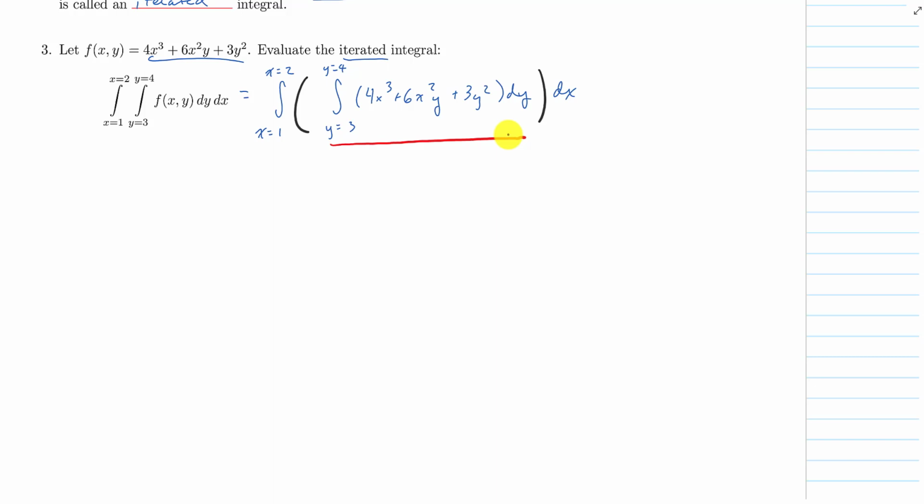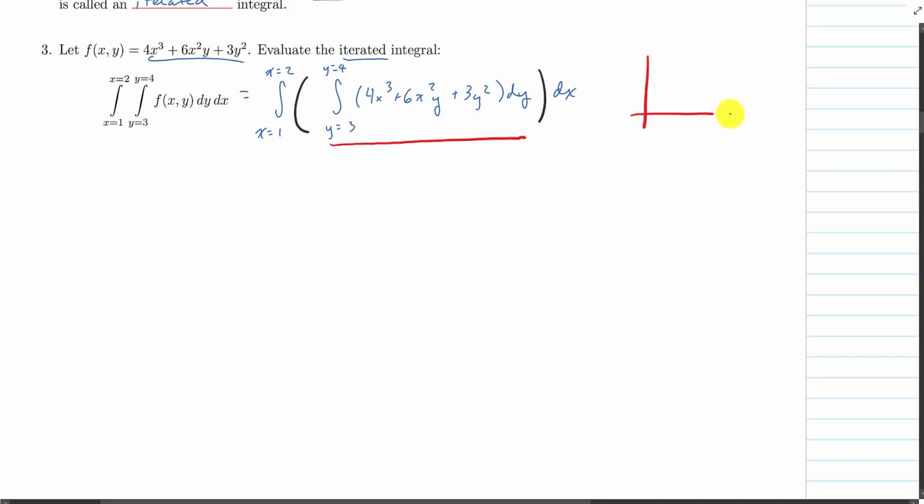So this picture I'm about to draw is sort of a lie, but one way to look at this is that for any fixed x value, maybe call it x equals 1 or x equals 2, this function is still going to be outputting a z value. And it's going to change depending on our choice of y.